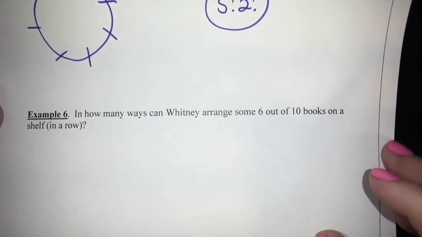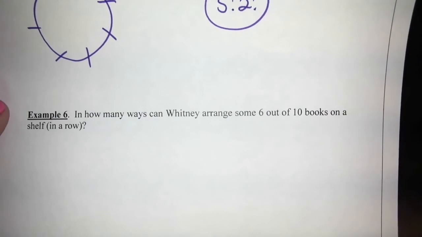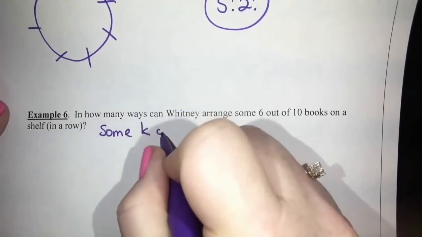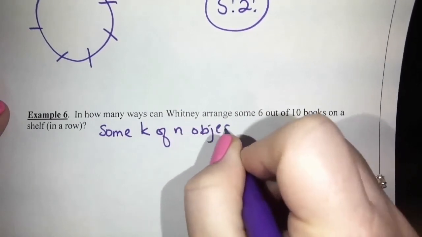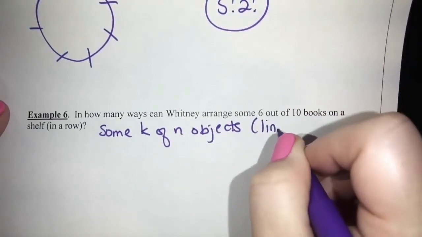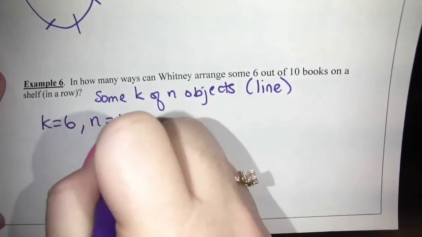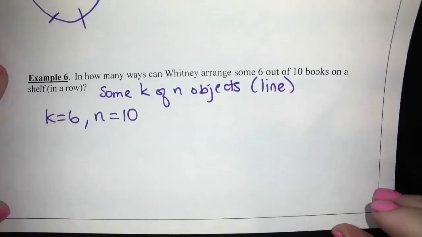Okay, number 6. In how many ways can Whitney arrange some 6 out of 10 books on a shelf in a row? So this is some k of n objects in a line. So k is how many you want to arrange, and n is always the larger number, how many you have.